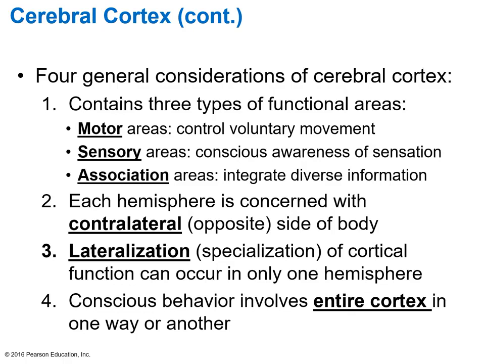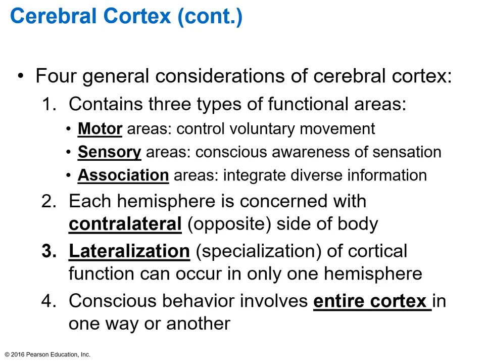Each hemisphere is controlling the opposite side of the body, and that's known as contralateral. So the left side controls the right side, and the right controls the left. Lateralization or specialization sometimes occurs only in one hemisphere. So there are certain areas of the brain where it might only be in the left hemisphere or only in the right.